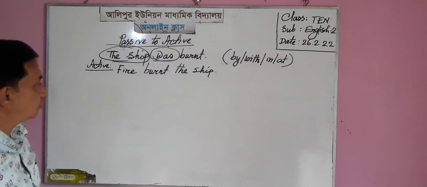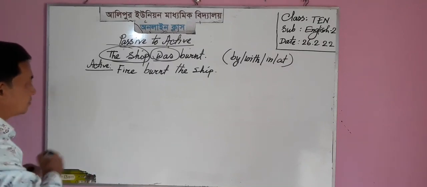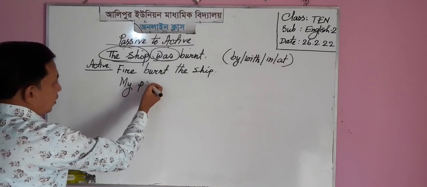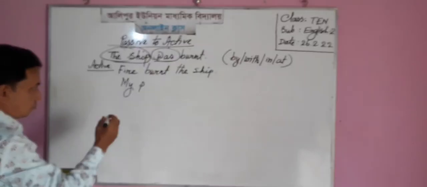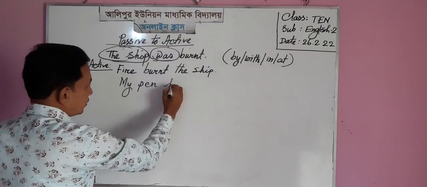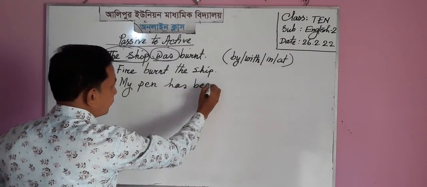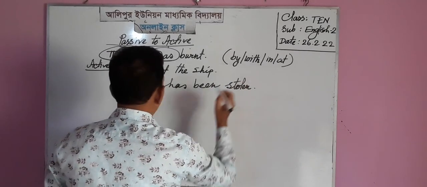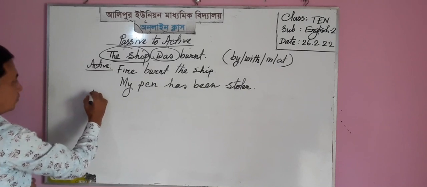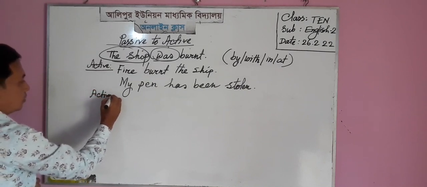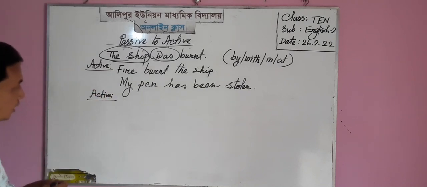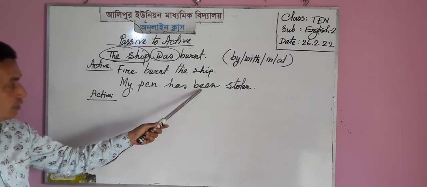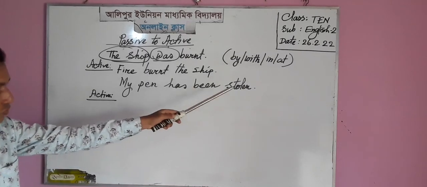Again, I will give another example, such as my pen has been stolen. My pen has been stolen. Dear students, this is also an example of passive voice because has been is the auxiliary verb, and the next one is V3.